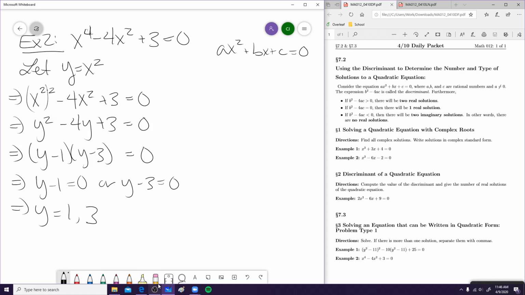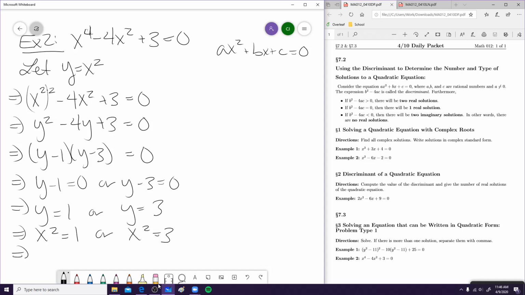However, our goal is to solve for x, but these are y's. So what do we have to do to solve for x? We now have to substitute this back in. So y is equal to x squared. So let's plug in x squared is equal to 1, or x squared is equal to 3.